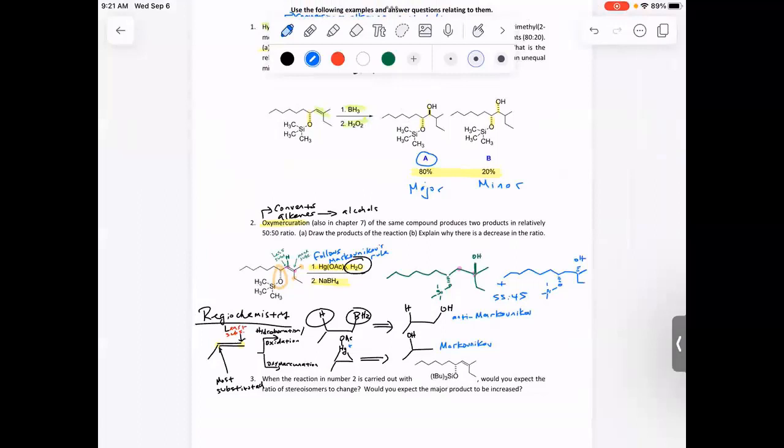There are two things we said that affected the ratio of the stereoisomers that you make in the product when you have a pre-existing chiral center. What were those two things? Proximity. Okay, good. What else? Size. Size and proximity. So if you look at the two reactions, tell me what changed.